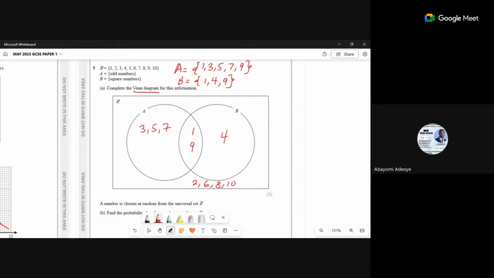All right. So these are the complements. They are not part of the diagram. So that is the first question. The person says we should complete the Venn diagram for this information. So this is all you need to put in that diagram.